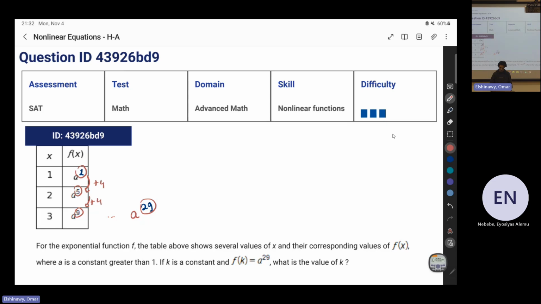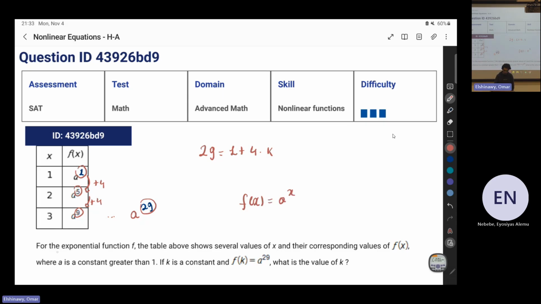So 1 plus 4 is 5, 5 plus 4 is 9. So 29 is equal to, well, the starting value is 1, and I'm always adding 4 times, let's say, k in the exponent. Okay, k is some value, because f of x is equal to a to the x.